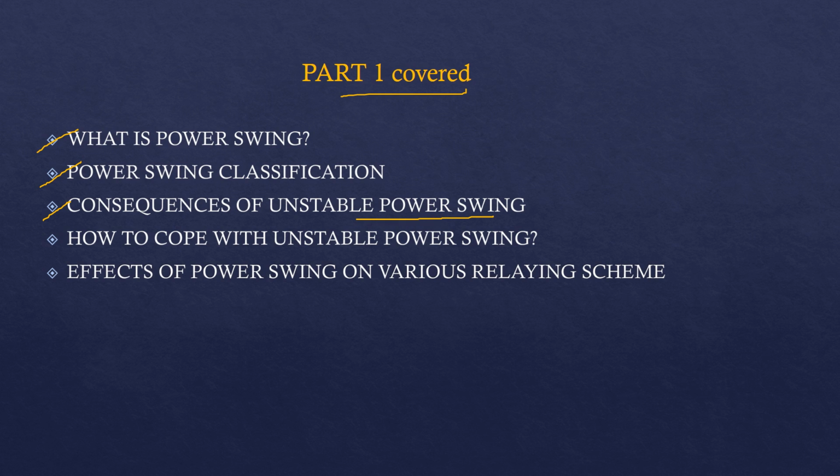Then we have mentioned the protection techniques to cope with unstable power swing. Power swing protection monitors the power flow, voltage and current. By monitoring these three quantities and their response, the generators which are operating asynchronously in the system are taken out in a specified manner.